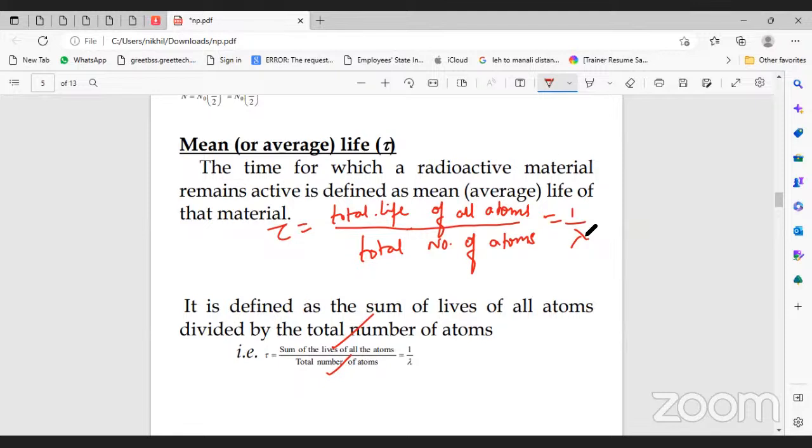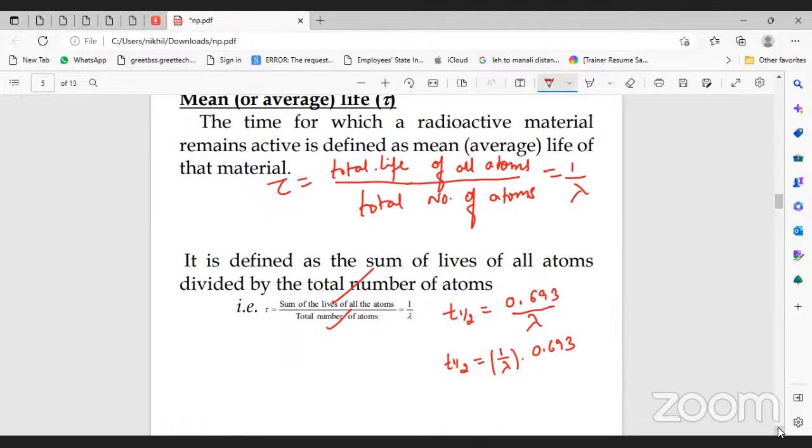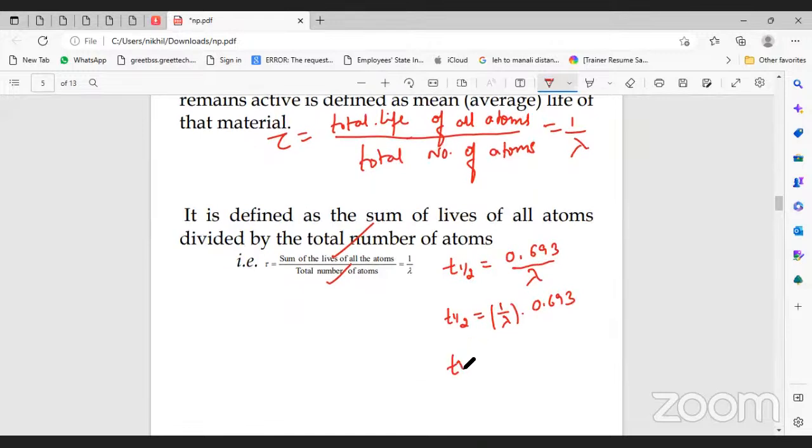So you can prove that the mean life is the reciprocal of the decay constant, that is 1 by lambda. So what's the formula for half-life? T half is equal to 0.693 divided by lambda. This can be taken as 1 by lambda into 0.693. So you can take 1 by lambda as the mean life, tau.